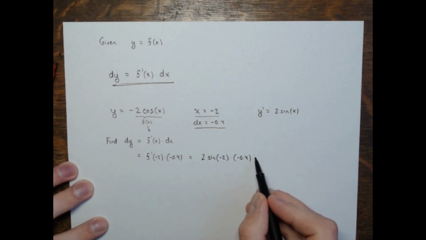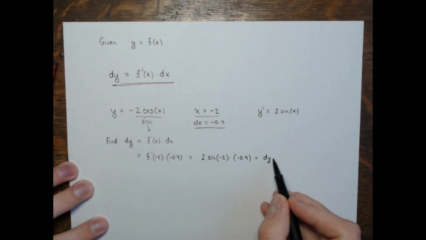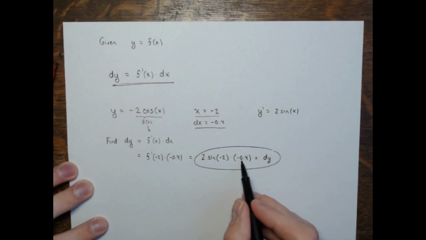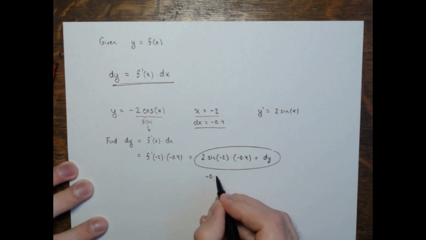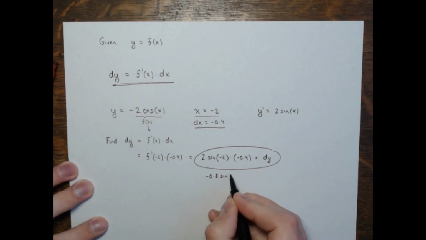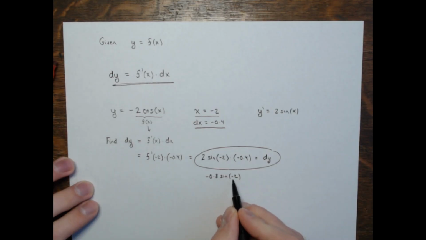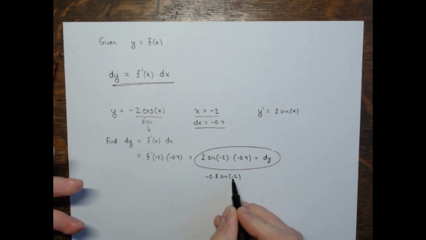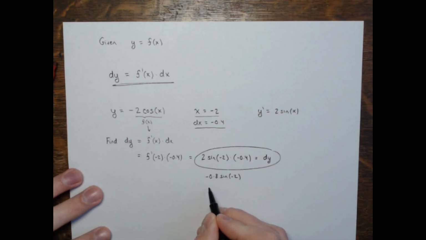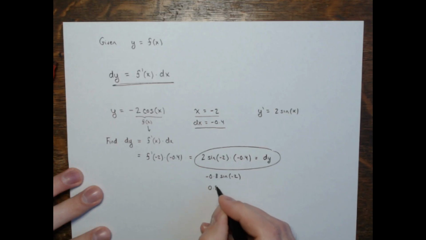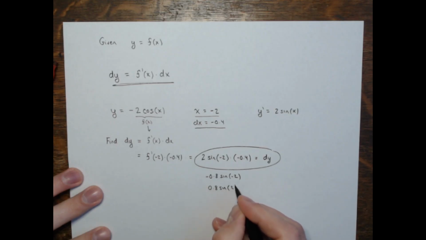So there's, and they say put an exact value, so there's dy. Now if you want to multiply the 2 and the -0.4, that'd be -0.8 times the sine of -2. And if you use the fact that sine was an odd function, you could say this is positive 0.8 times the sine of +2.